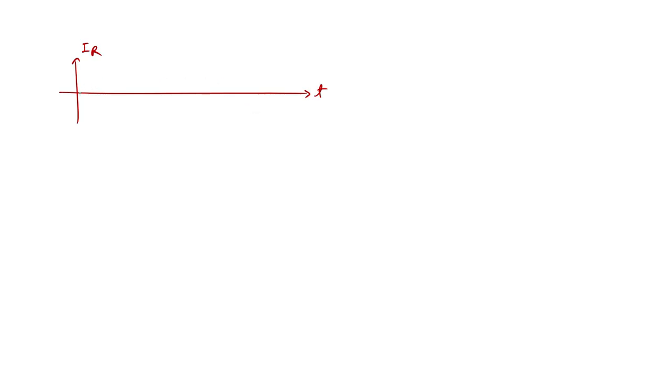In this region, the capacitor current is inverted. It is my 5 ampere. This region is not shifted, so it is 0, and after that again it will increase to 5 ampere, and it will again reach 0.